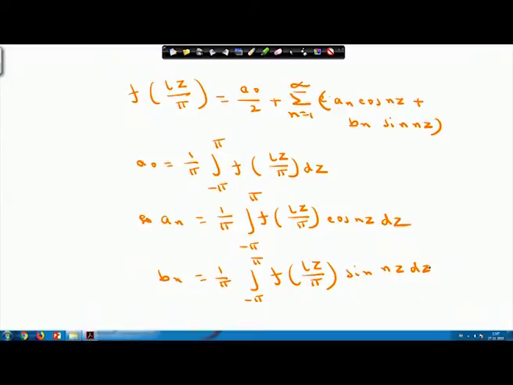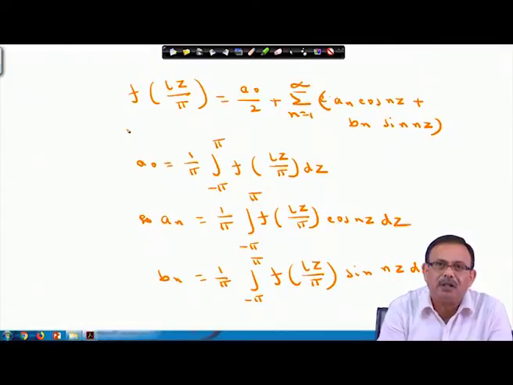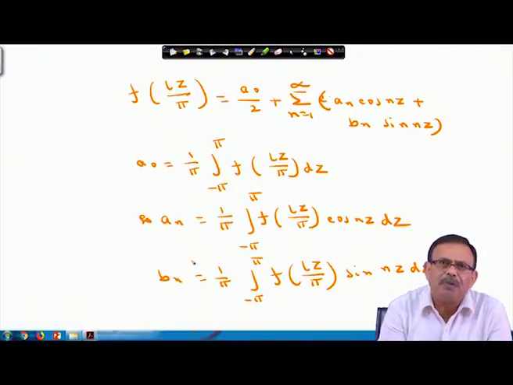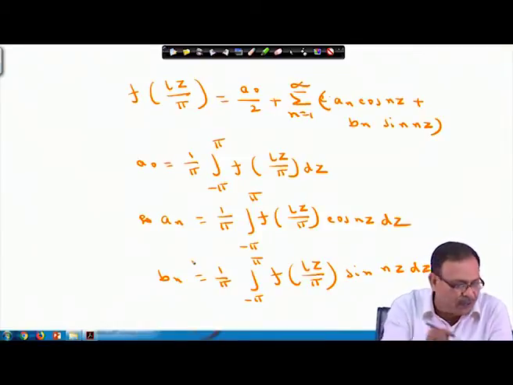Before this, I have written the Fourier series of capital F(z). Now, in this slide you see I am transforming capital F(z) into f of L z by pi, and after this, what will I do?